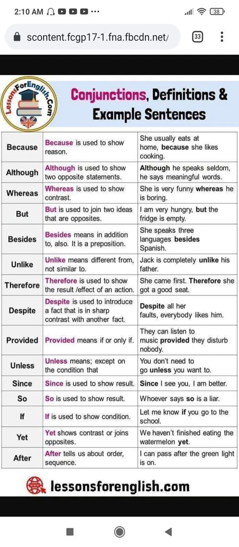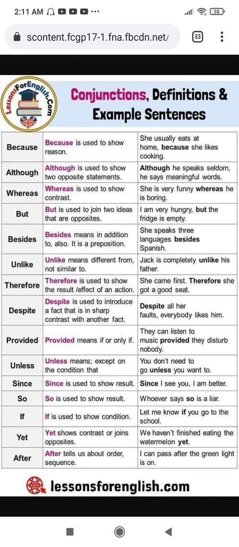And the last one of today's class, the last conjunction, is after. After tells you about the order or the sequence, dharabahikota in Bangla. It tells you the order of what comes when. I can pass after the green light is on.